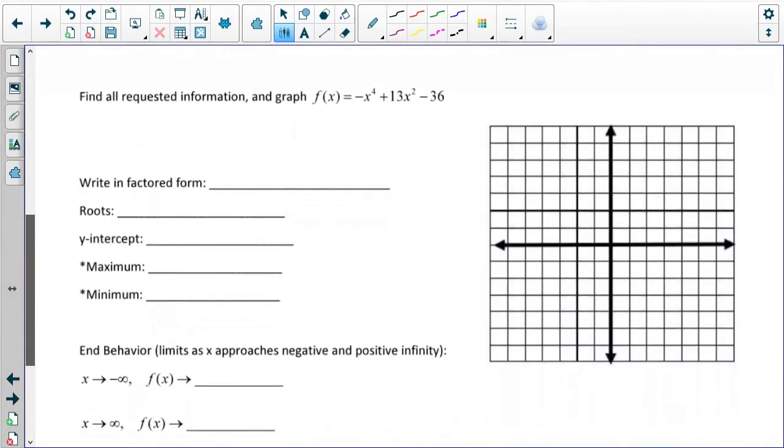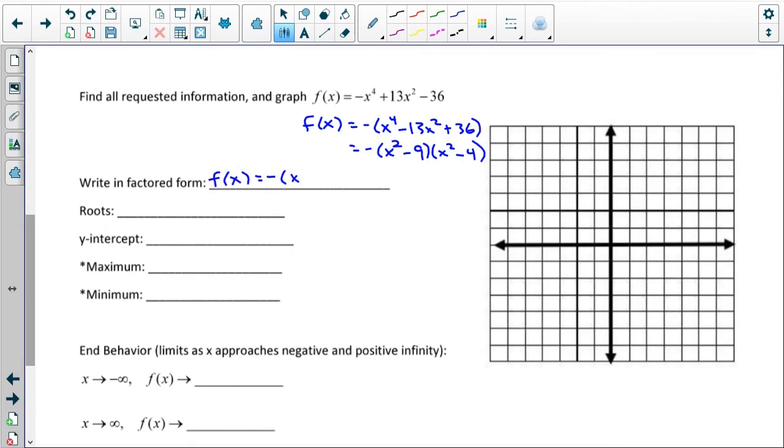Final problem. This one, I would probably want to factor out the negative sign first. And then I can factor this again into x squared minus 9, x squared minus 4, which is something we learned last chapter. So f of x equals negative x minus 3, x plus 3, x minus 2, x plus 2.